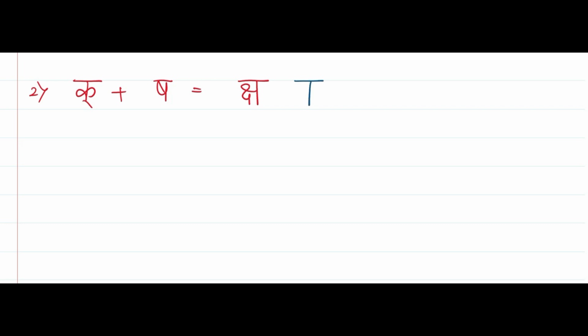So once again, you make a line, you make a person on a tree. This is called half "k" and full "sh". So it becomes ksh.